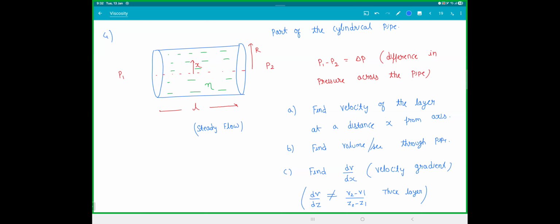How do we approach this? Do one thing. Take a cylinder of radius x and try to draw the FBD. Take a cylinder in the middle like this. Try to draw the FBD of this. Find all the forces acting on this and see what you will get. Let's start from there.